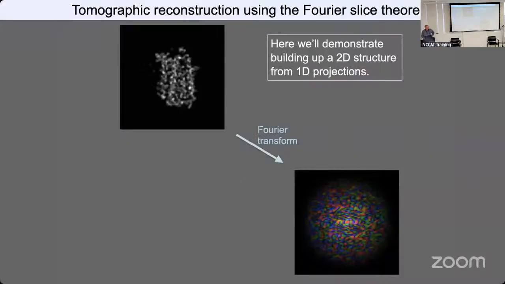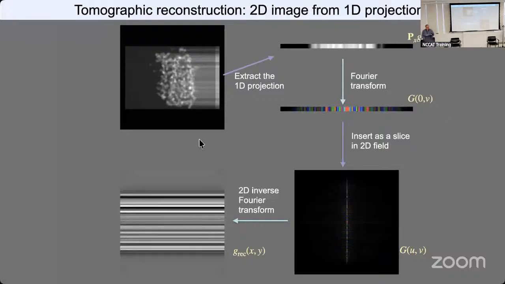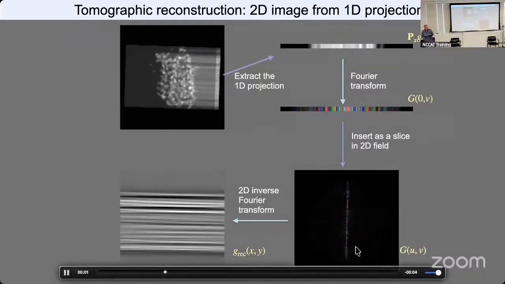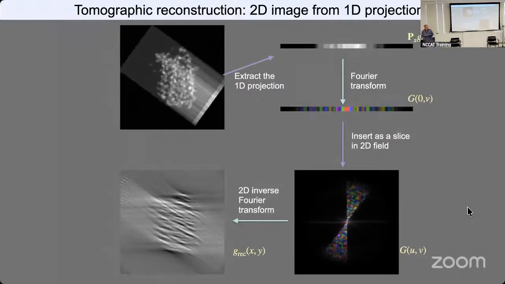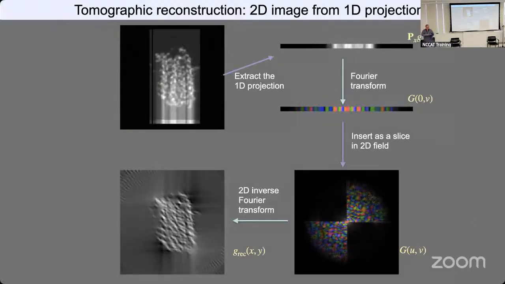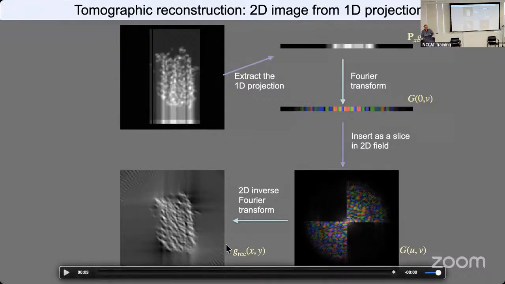Okay, so here's a fancy example. Here's an object. We compute a 1D projection. We take the Fourier transform of that projection, and then we insert it as a slice in a two-dimensional field. And then as we take projections in various directions, we fill in different slices.